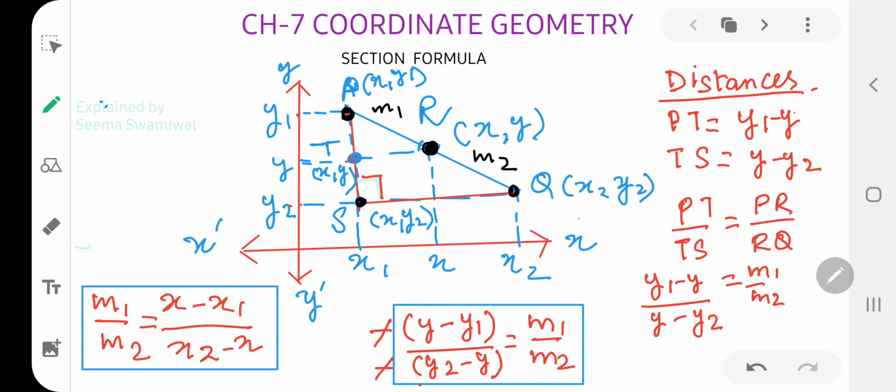So this is how to find the ratio when all the 3 points on a line segment are given to you. The endpoints are always x1 y1, x2 y2, and the point in between is always taken as x and y.